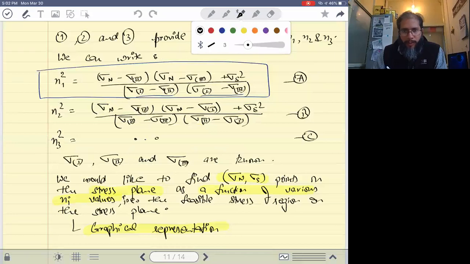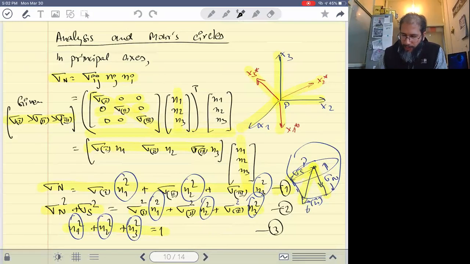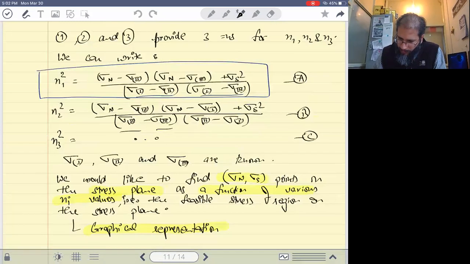Now, if I go back to my equation number B, which is for sigma 2 and sigma 3, the first equation was having 2 and 3.